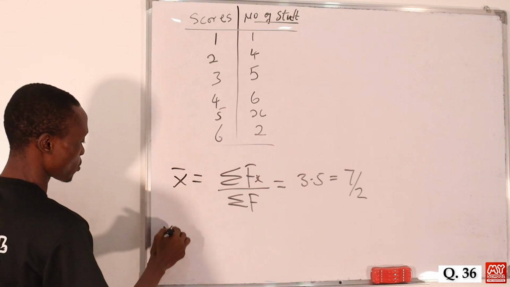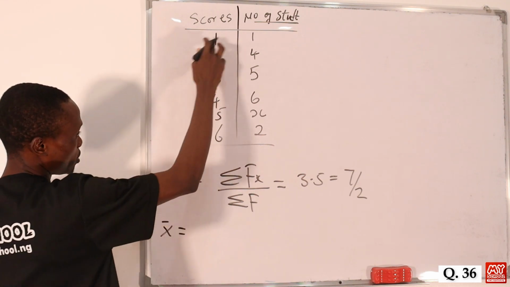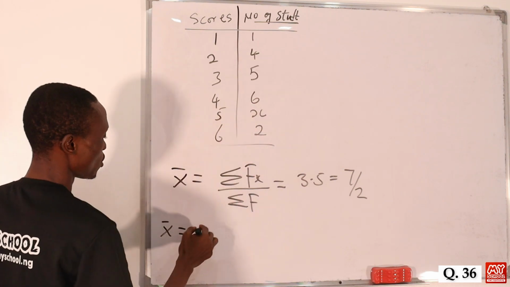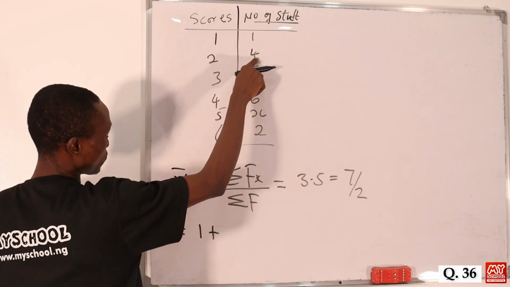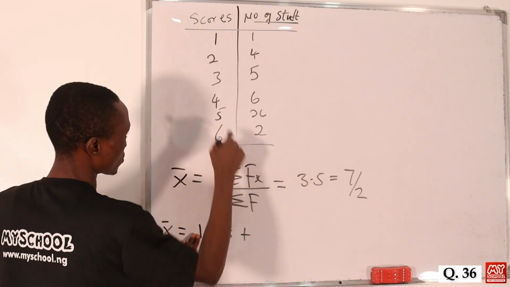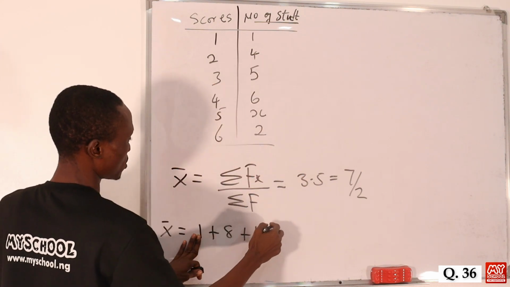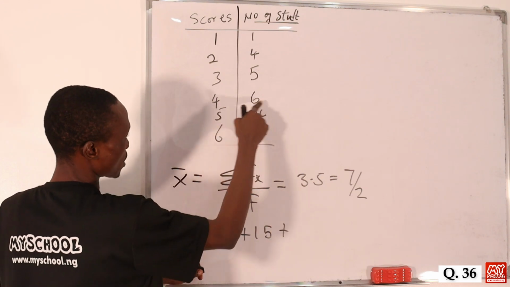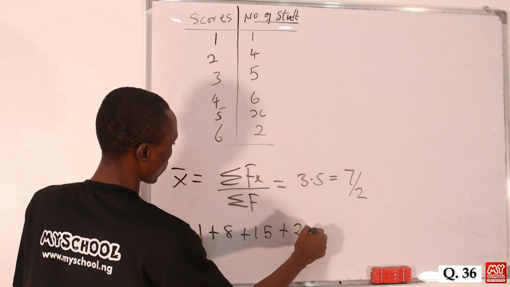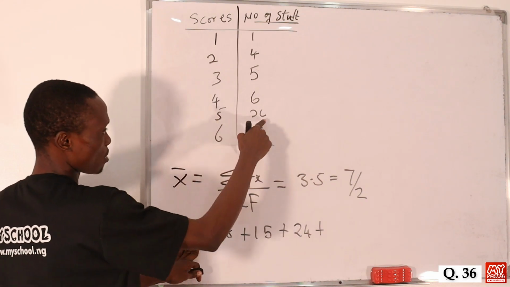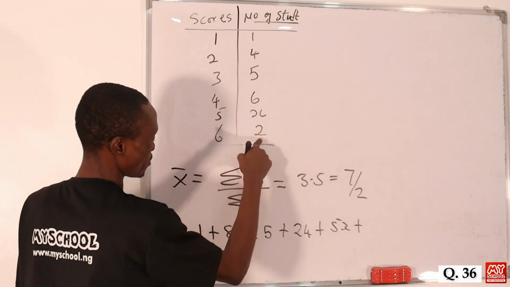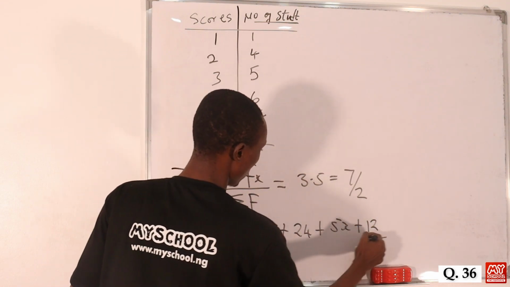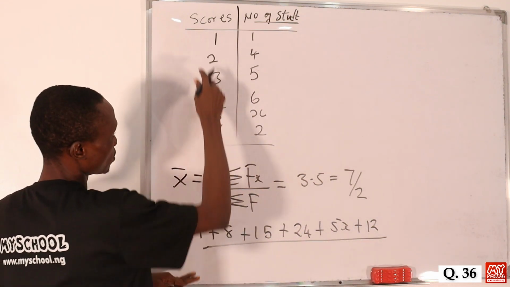Okay, so summation Fx is equals to, in this case, we'll be having 1 times 1. So 1 times 1 is 1, then plus 2 times 4 is 8, then plus 3 times 5 is 15, then plus 4 times 6 is 24, then plus 5 times x is 5x, then plus 6 times 2 is 12, all over summation F.